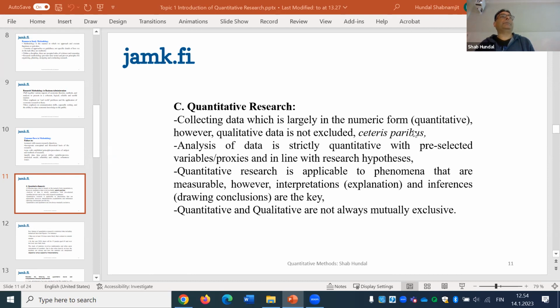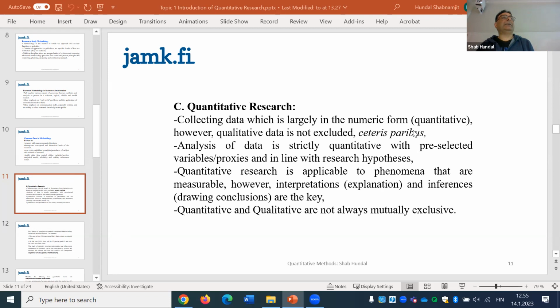But what are we doing? We are converting these qualitative phenomena into quantitative format, but the essence is still qualitative. So there are ways you can incorporate qualitative data as well, but because the data analysis technique is more or less quantitative, it's still called quantitative research.